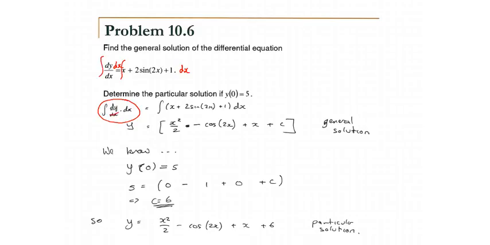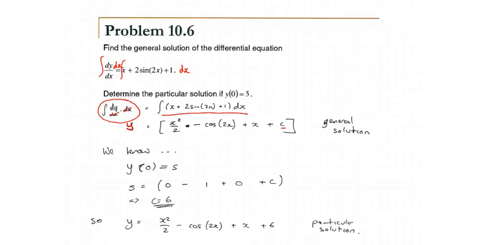And so that means that on the left hand side that becomes the integral of delta y, that just becomes y, and then on the right hand side we've got more interesting stuff going on there. So we need to integrate the x, the sine, the 1, and because we've got no limits here, we're going to put the c on, and so that will give us a general solution.